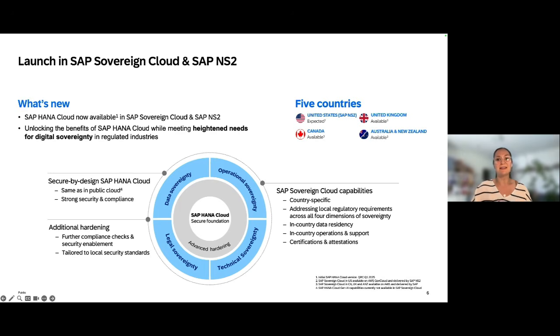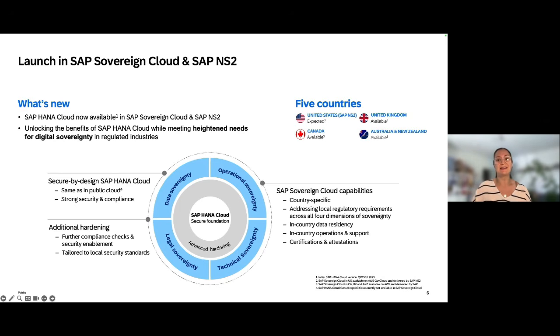The offering is built on the standard HANA Cloud offering and is then enriched with sovereign cloud capabilities. That means we're offering advanced country-specific capabilities for regulatory requirements across all 4 dimensions of sovereignty, which means data, operational, legal, and technical.